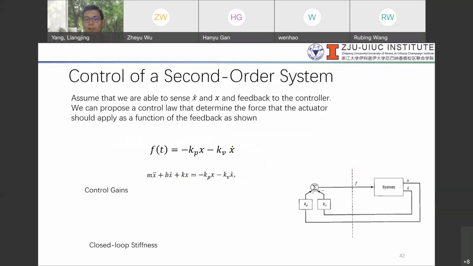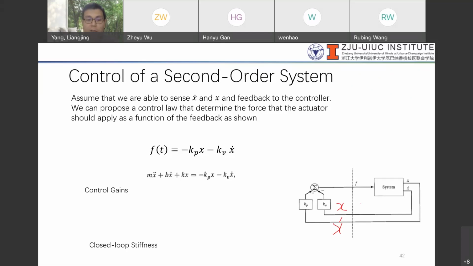So by being able to feed back our x and x dot, that means if we have a sensor or something like that, we can get our x and our x dot. That will be feedback with this Kp and Kv.